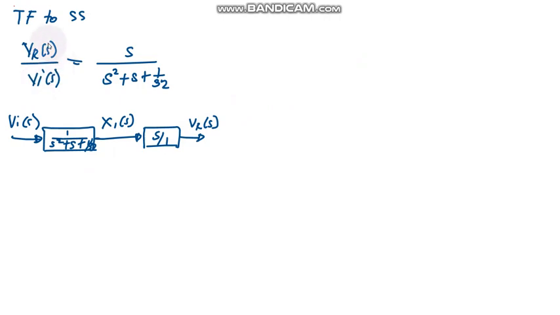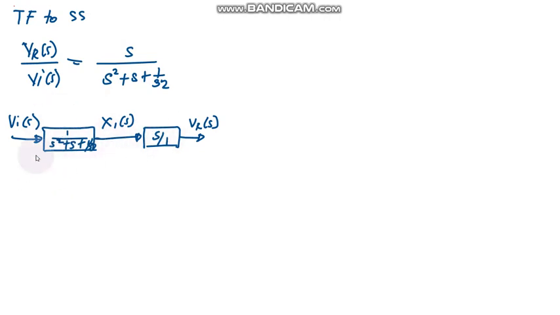Okay, so let's now try to convert the transfer function that we have derived to the state space equations. So we start with, of course, the transfer function that we have derived, and as we know already, we need to subdivide the transfer function into two subsystems.